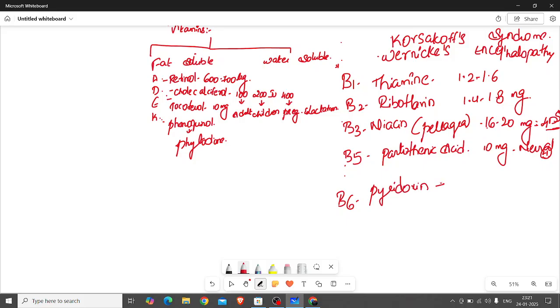In case of using anti-tubercular drugs like isoniazid, pyridoxine deficiency may occur, and it leads to peripheral neuropathy.